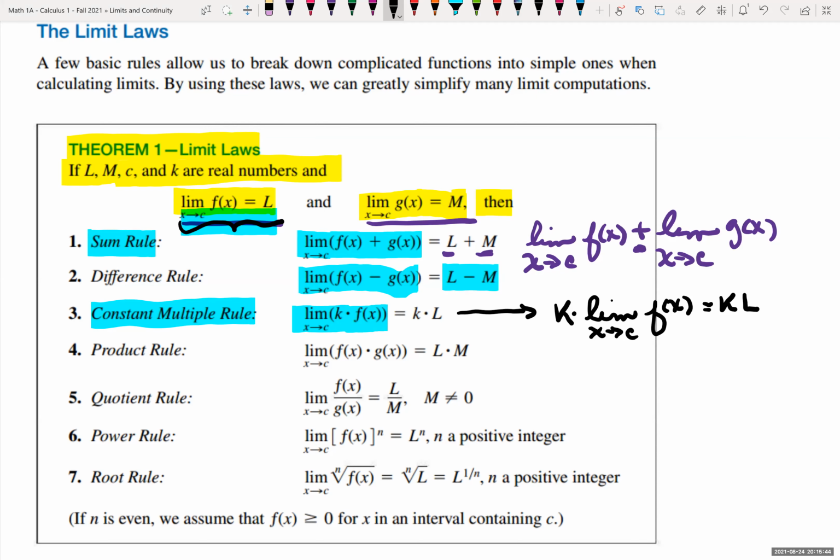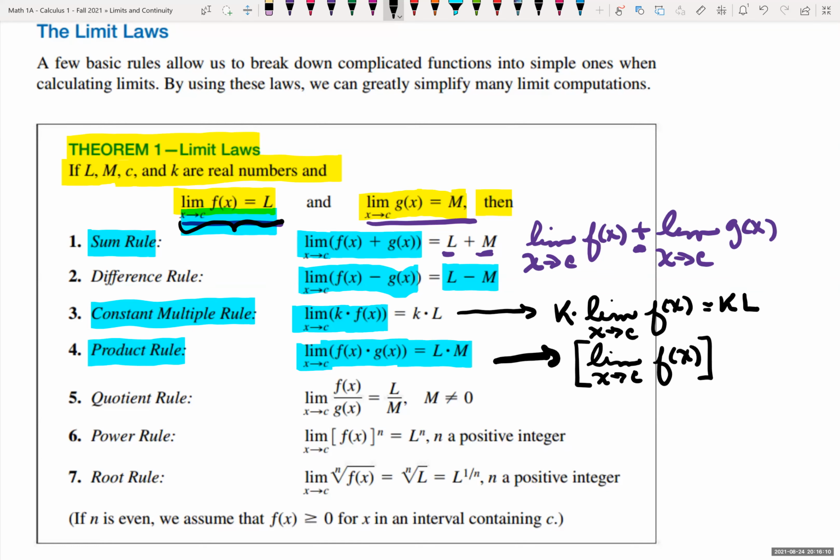So same idea with products. If you're looking at the limit as x approaches c of f of x times g of x, basically what we're doing is we're looking at the limit of the first function, so the limit as x approaches c of our f of x function, all times the limit as x approaches c of our second function, g of x.